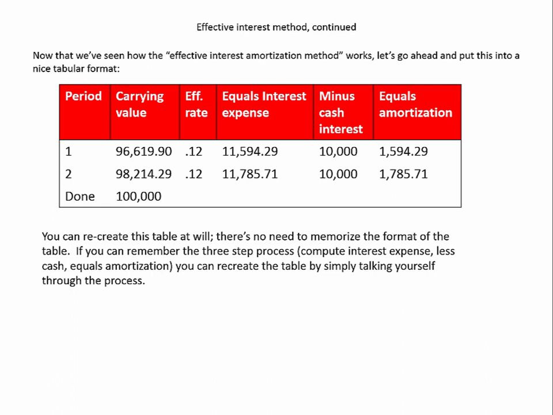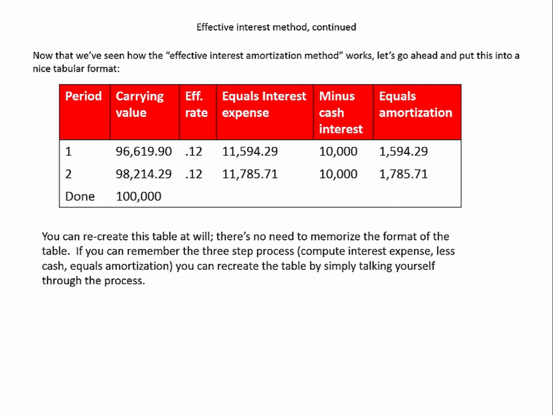Now, looking at the amortization table for a moment, we see that the carrying value from period 1 to period 2 went from $96,619.90 up to $98,214.29. It changed by the amount of year 1's amortization, $1,594.29.